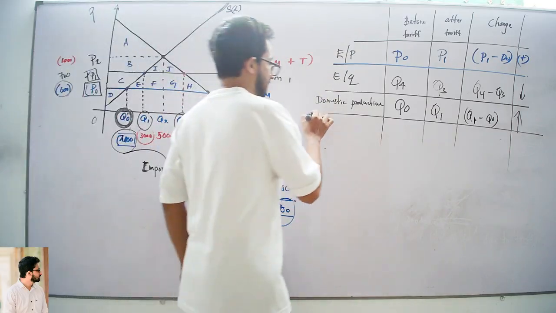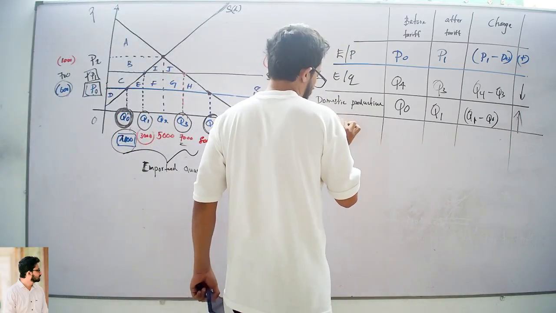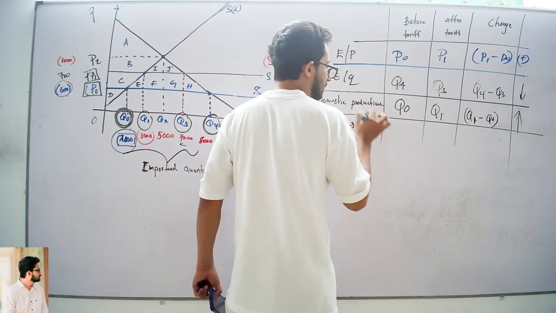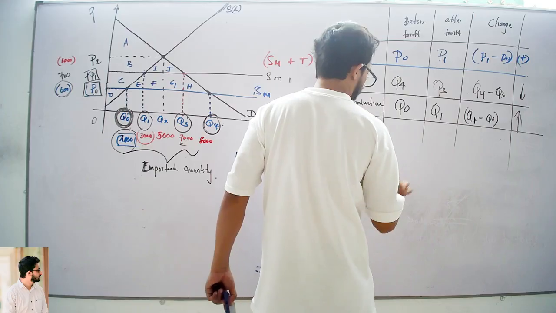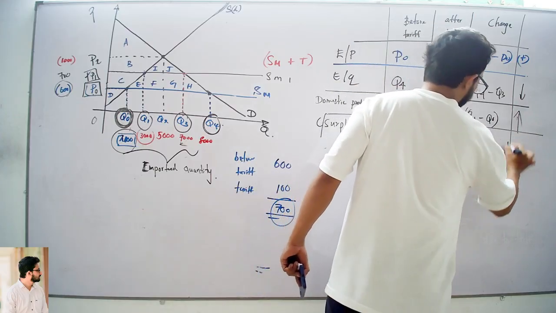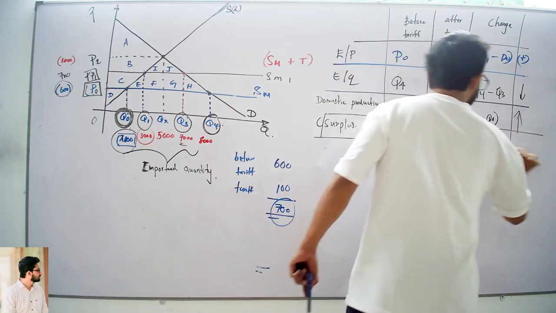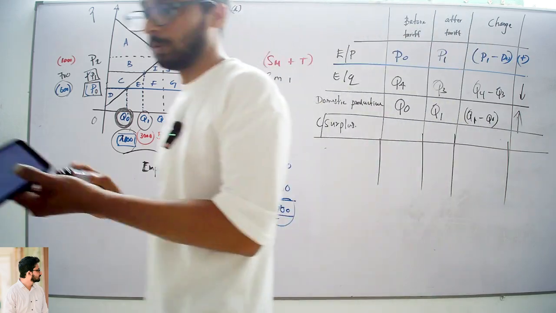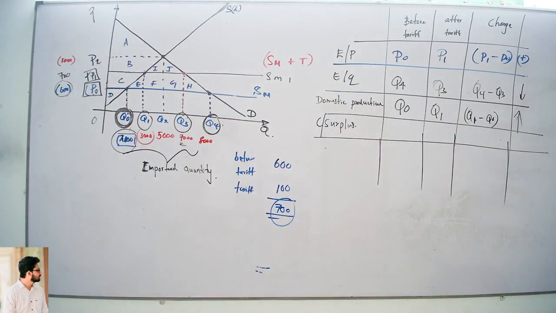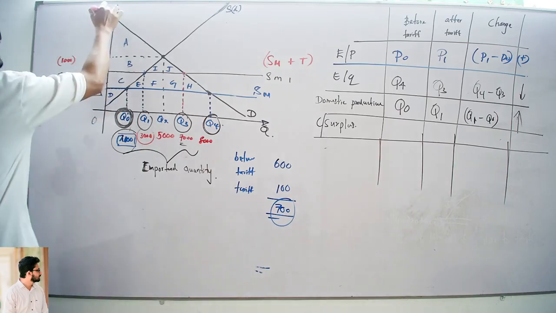Consumer surplus. Consumer surplus is the difference between the maximum price that consumers are willing to pay and the price actually paid. This is the maximum price that consumers are willing to pay.